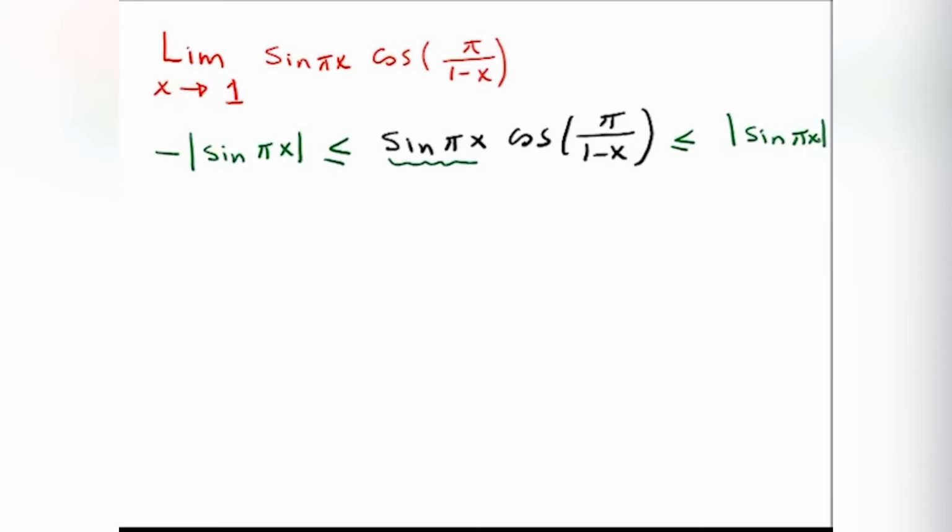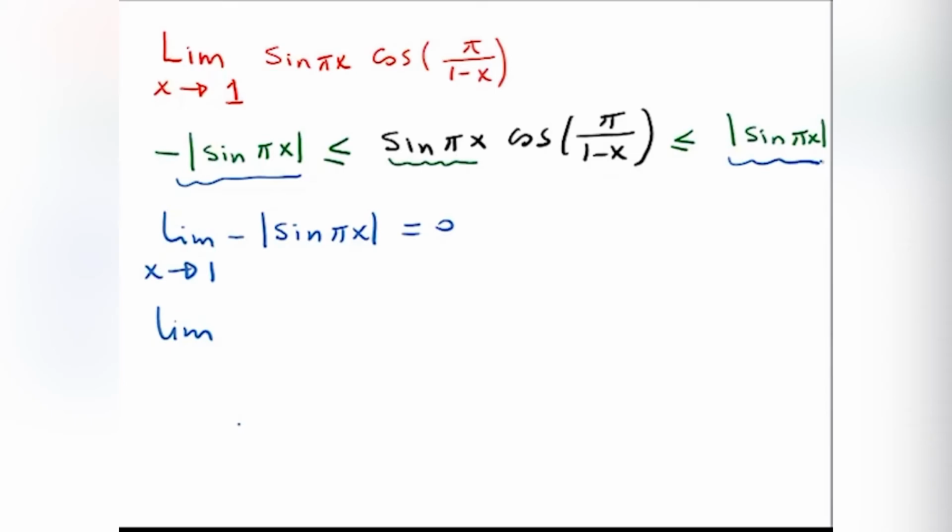Now let me take the limit of each side. The limit of the left side, minus the absolute value of sine pi x as x goes to 1, is 0. The second thing, the limit of the right side, the absolute value of sine pi x as x goes to 1, equals 0.